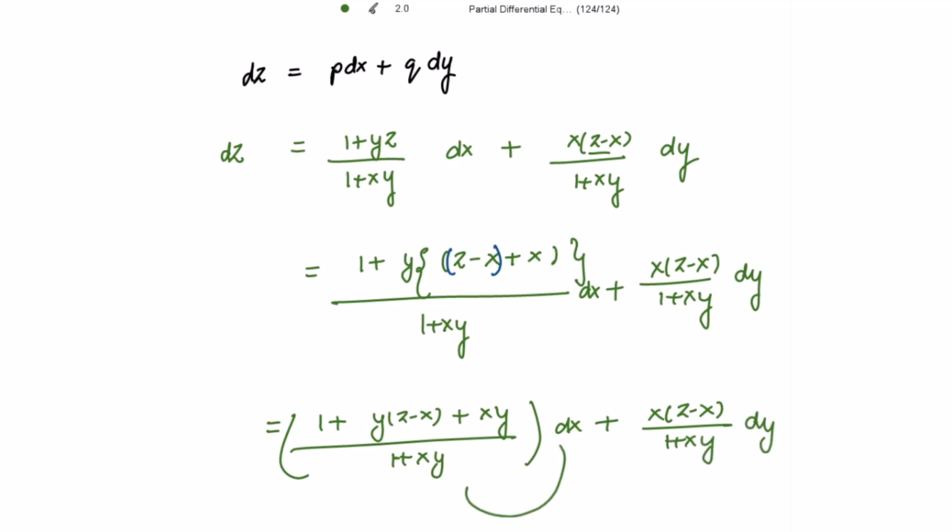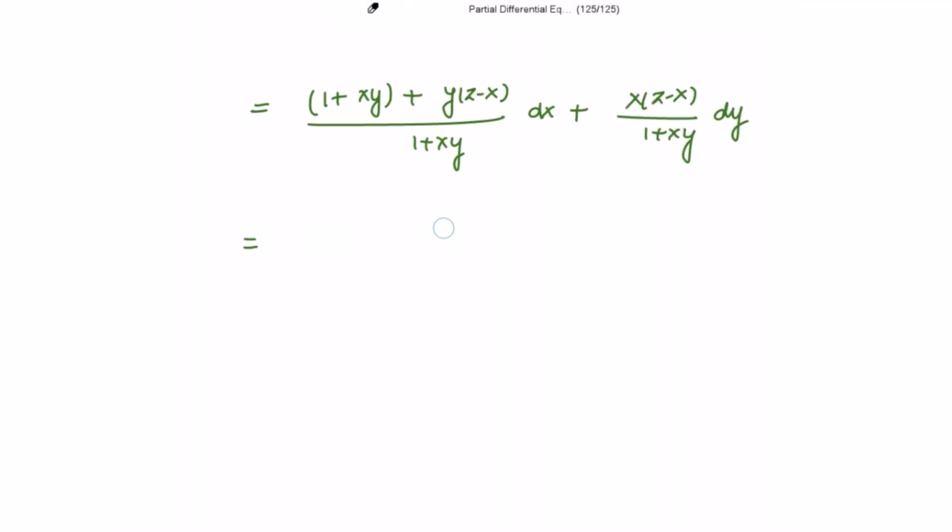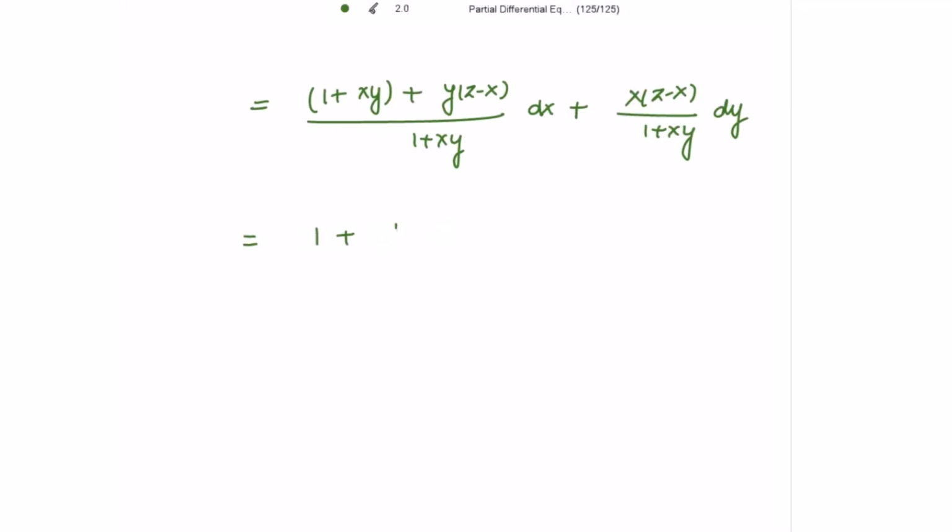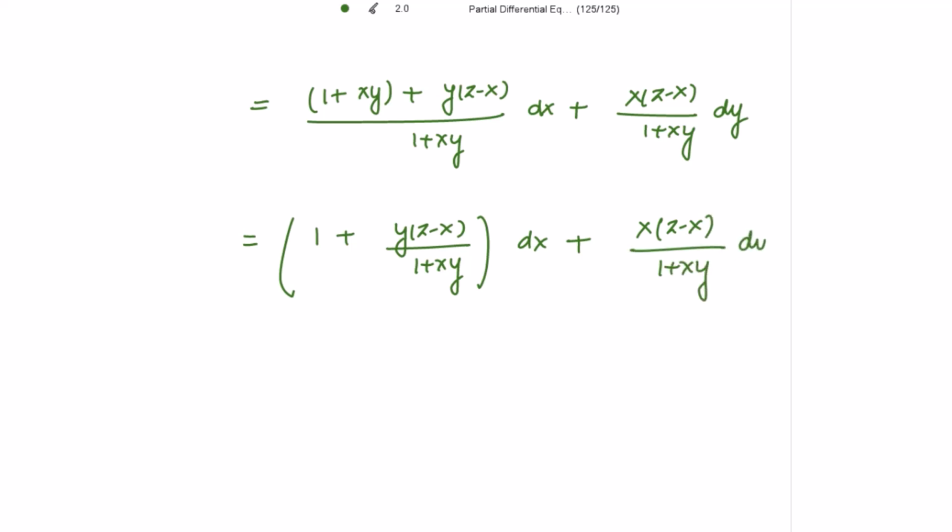Let's multiply this dx inside. So here we have dx plus y into z minus x divided by 1 plus xy dx, plus the third term.